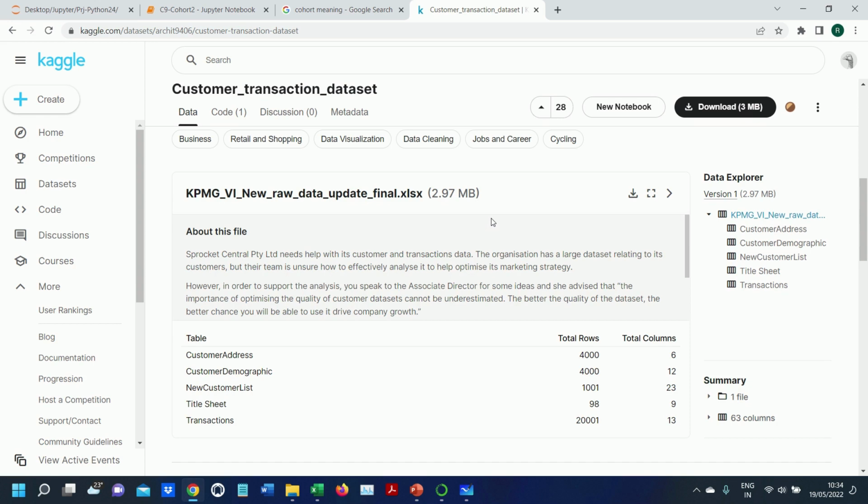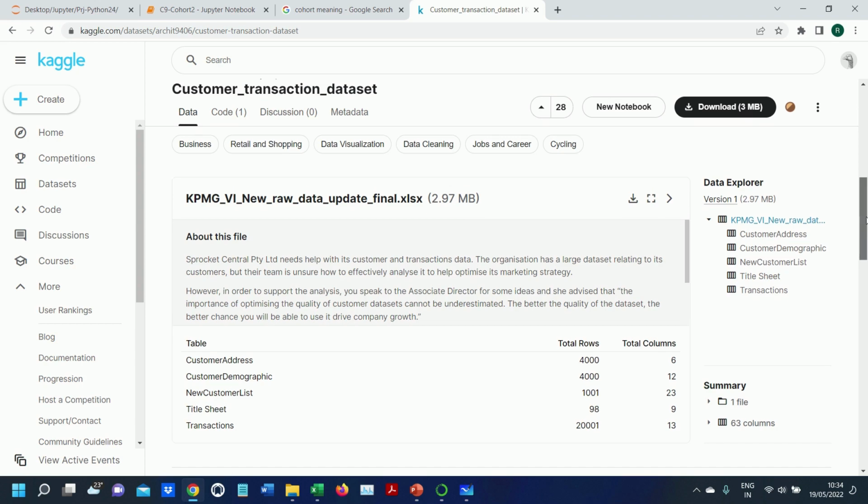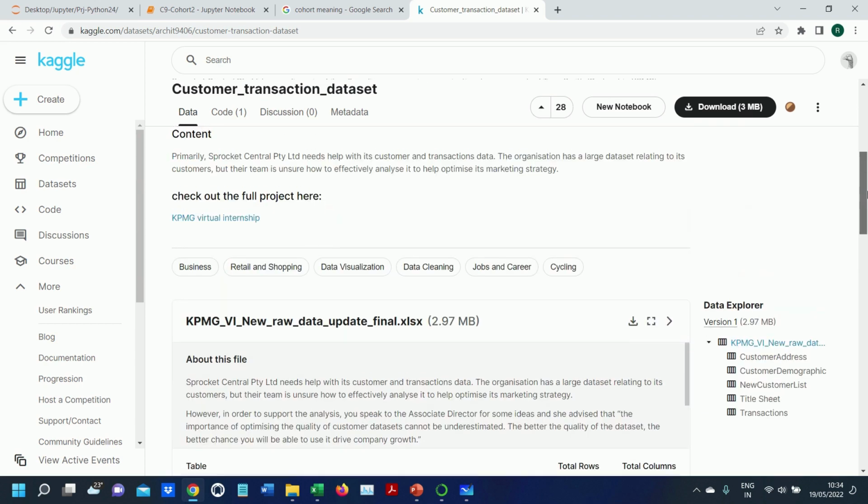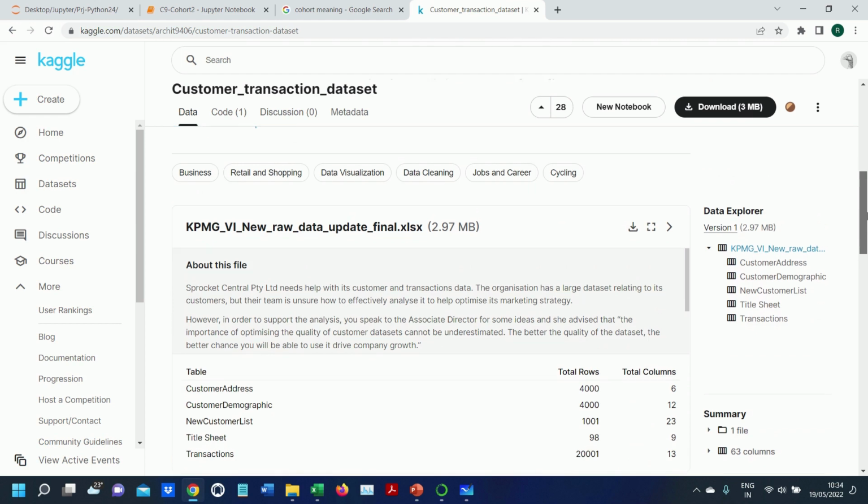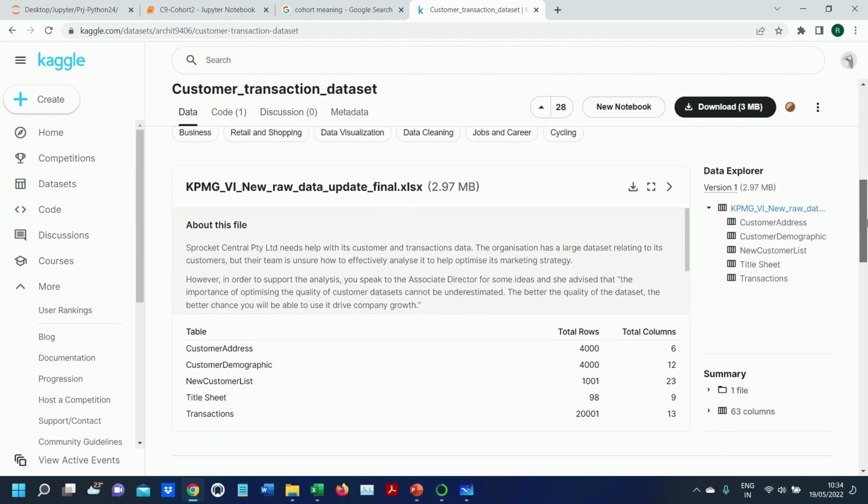Okay, let us use this dataset that is available on Kaggle for our analysis to demonstrate cohort analysis, how to transform this in Python. This dataset is a hypothetical dataset that shows the customer transactions in purchasing certain bikes.